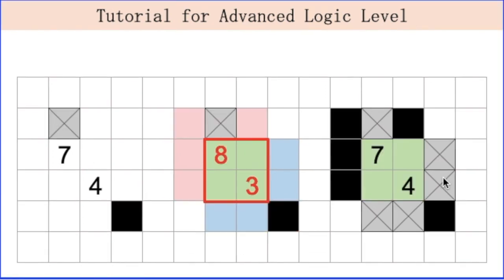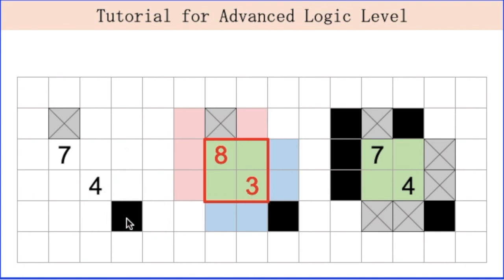Okay, and lastly, we could actually combine them. Say you have a 7 and a 4 in this layout. Because of the gray space in the area surrounding the 7, the 7 actually becomes an 8 in your head. And there's a black space in the area surrounding the 4, so now 4 becomes 3.